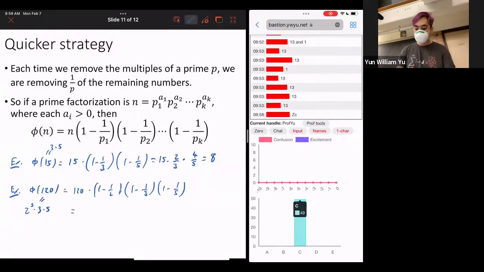If you remove half of it first, then you're left with 60, right? 60 times 1 minus 1/3 times 1 minus 1/5. What happens when you remove another third of 60? Then that gives you 40, because a third of 60 is 20. And then a fifth of that is 8, so you're removing 8 of them, and that's equal to 32.